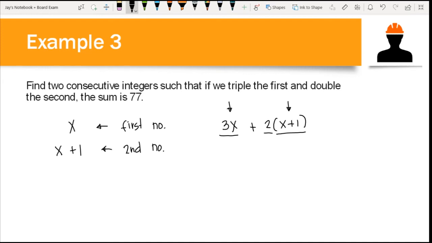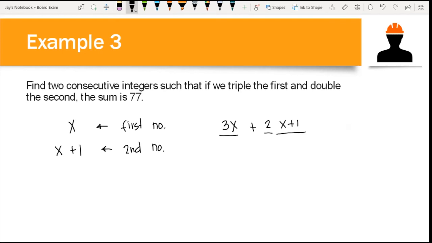Okay? So again, we triple the first and then we multiply by 2 the second number. We know that the second number is x plus 1. Now take note, you need to make sure that x plus 1 is inside the parentheses. That means you multiply the entire two terms by 2. Because if you forget to include parentheses, that would mean that you are only multiplying x by 2.